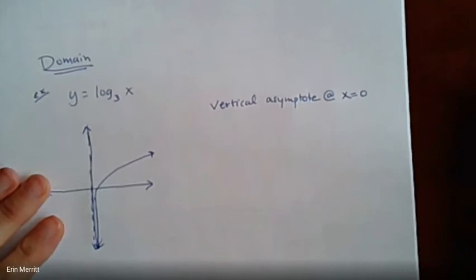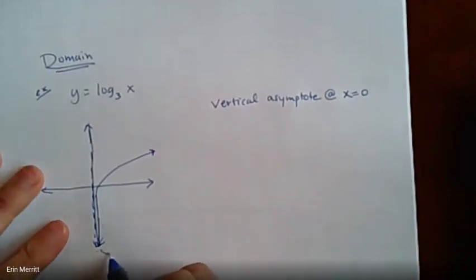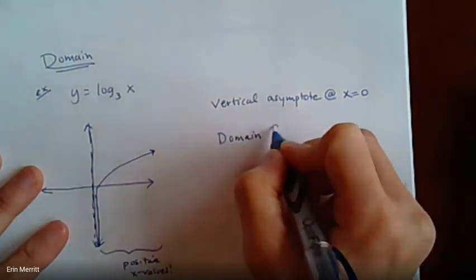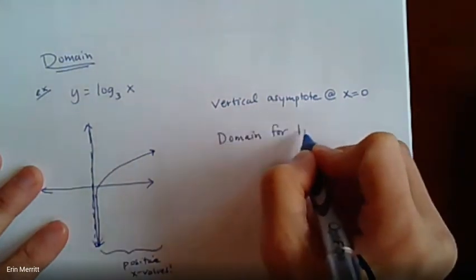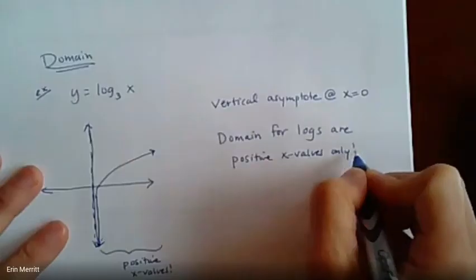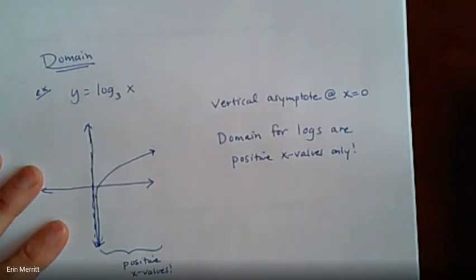And that means that the domain, the graph only exists over here where all the values are positive x values, all right? So the domain for logs are positive x values only, all right?